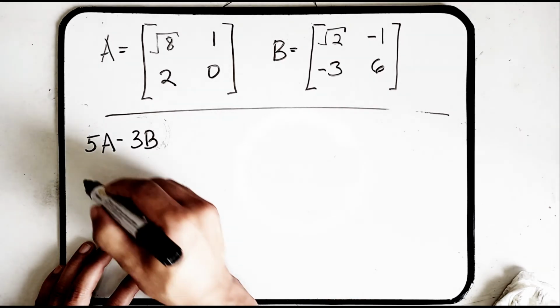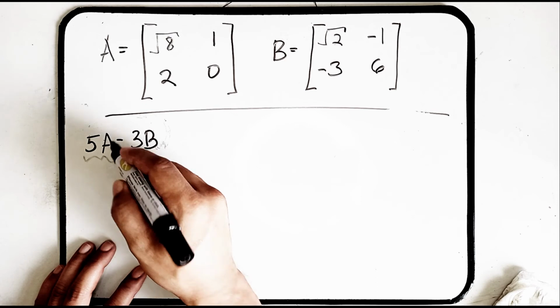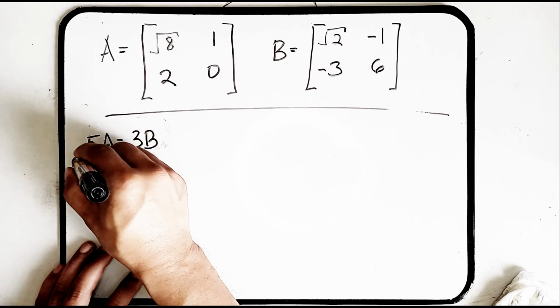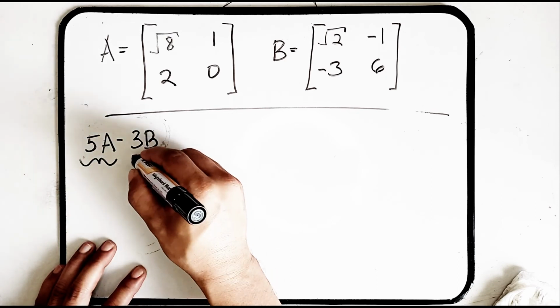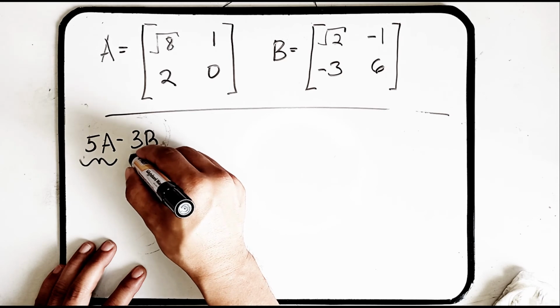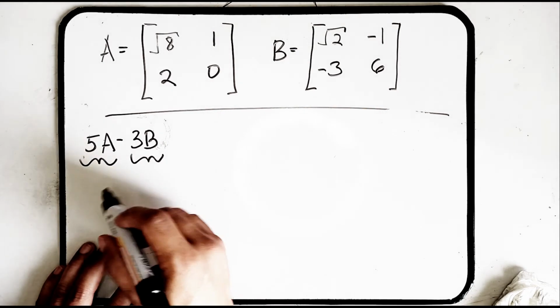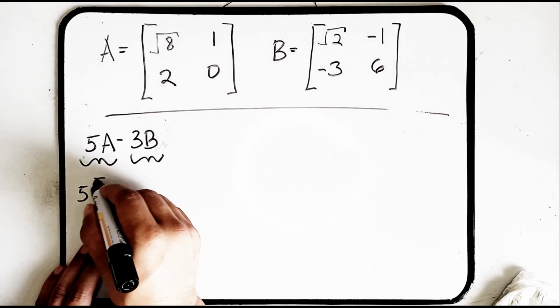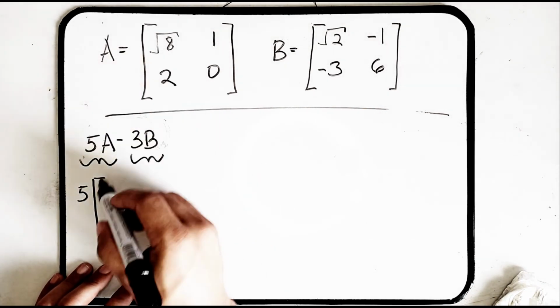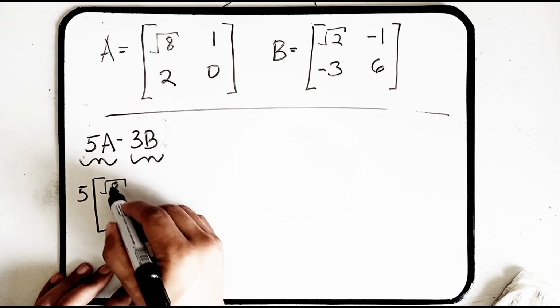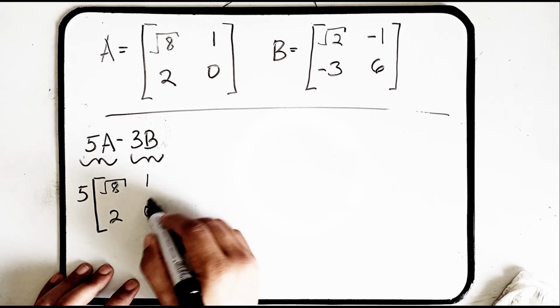So again, we have to solve first for this part, and then next one is we solve for this part. Okay, let's start with 5a. 5 times, what is our a? Square root of 8, 2, 1, and 0.